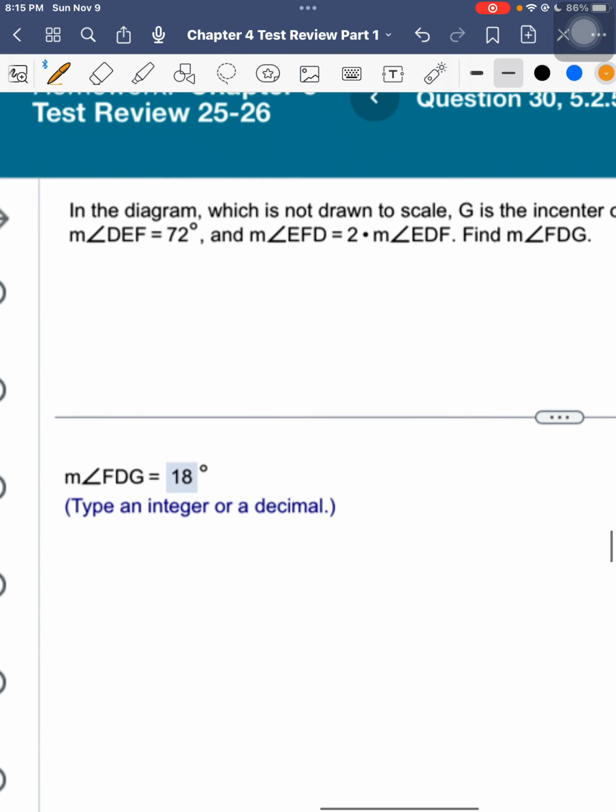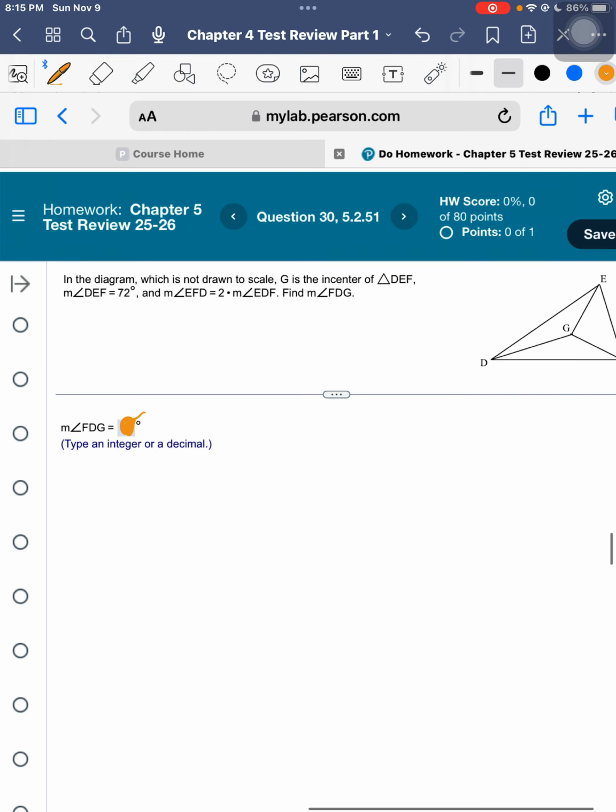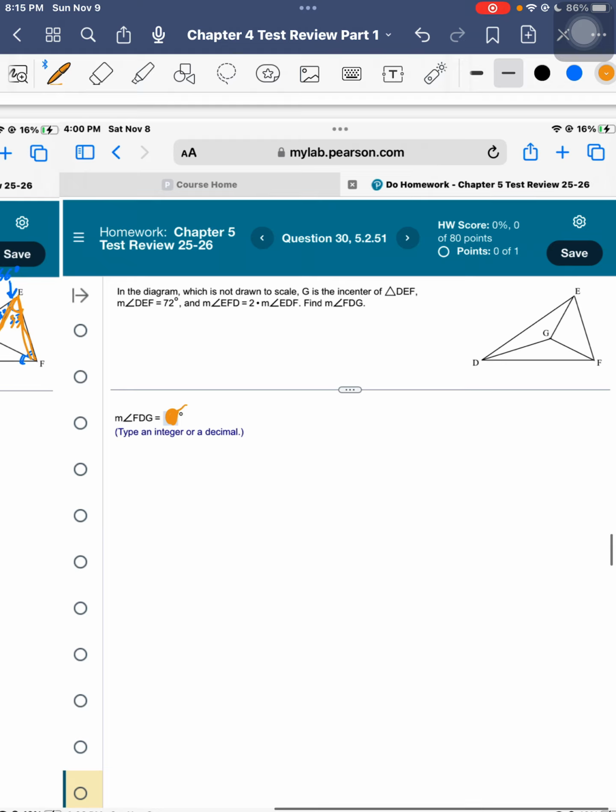Okay, so now this is the harder one. Once again, let's try to write information we know as we read. So in the diagram, which is now drawn to scale, G is the incenter of DEF.